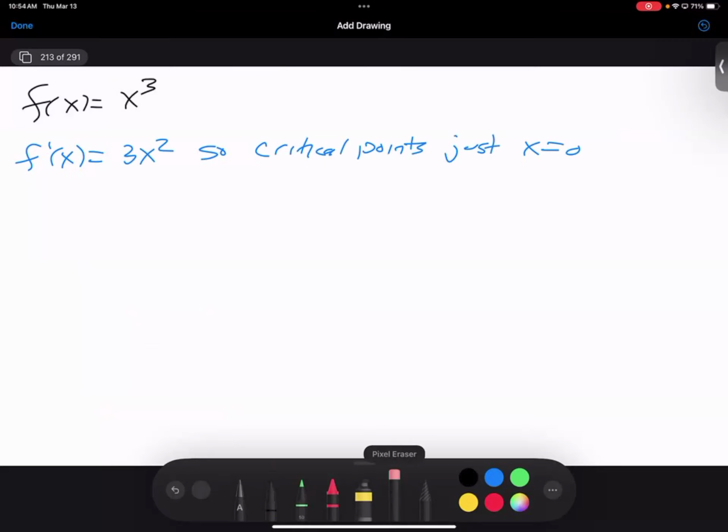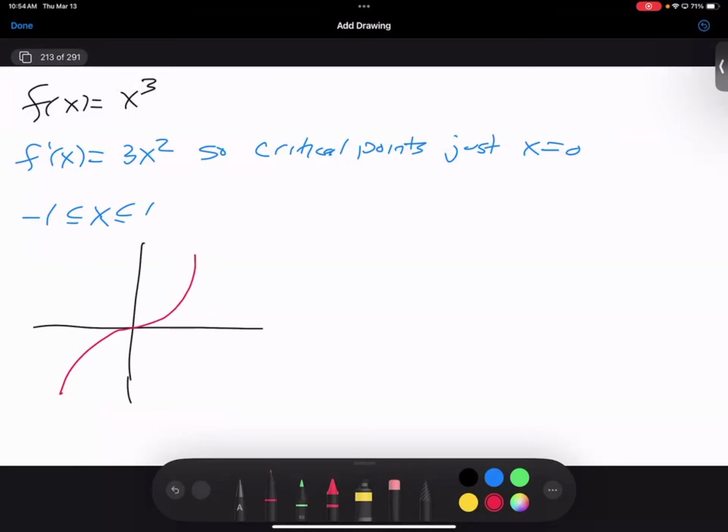And if I look at, say, -1 less than or equal to x less than or equal to 1, if I plot my function, it's going to look something like this. So the critical point is not going to be a maximum or minimum.